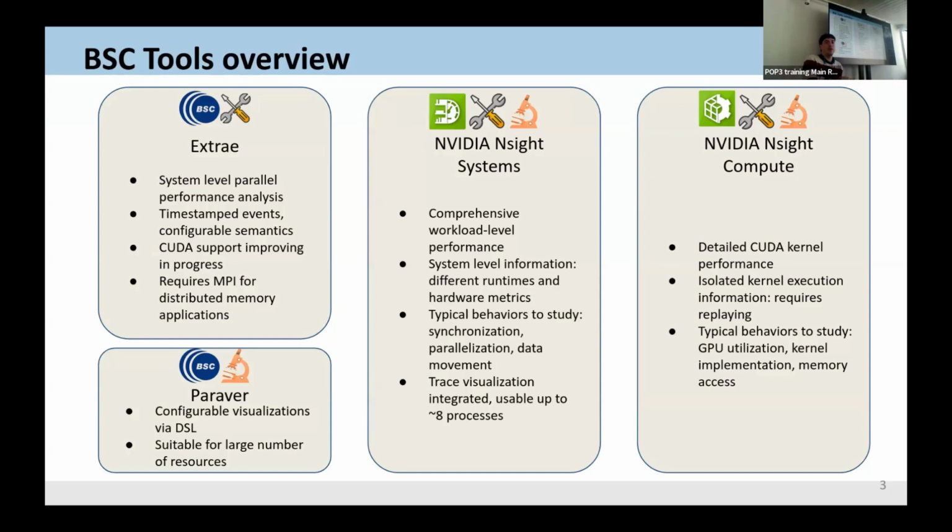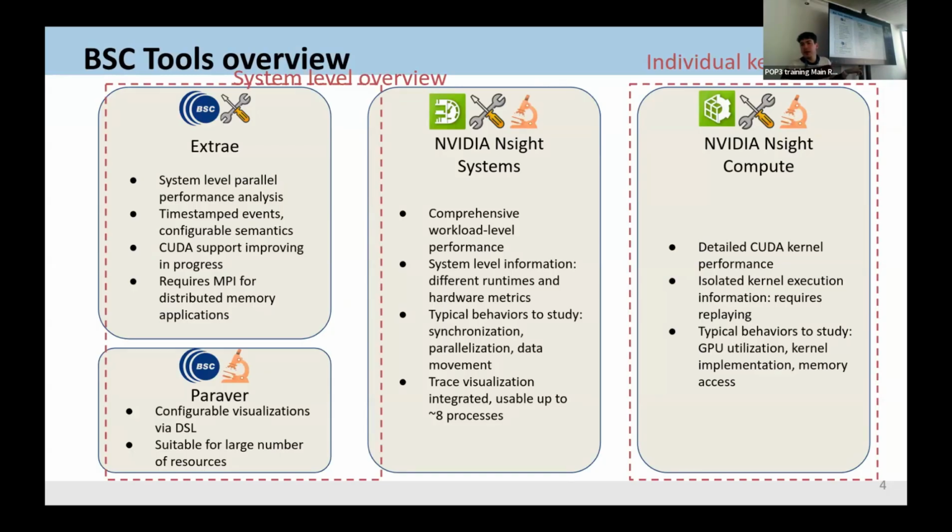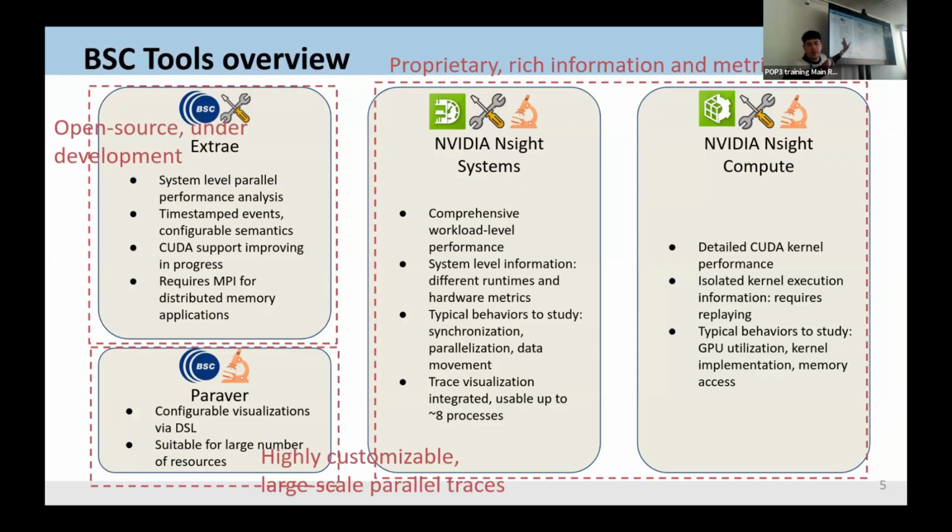So that's why we focused on Nsight Systems, and what we try to push is that mainly with Nsight Systems, you can see most of the things that you need to know about your application. This is the summary: system-level overview and individual kernel, and then we have Extrae and Paraver, and the proprietary tools.